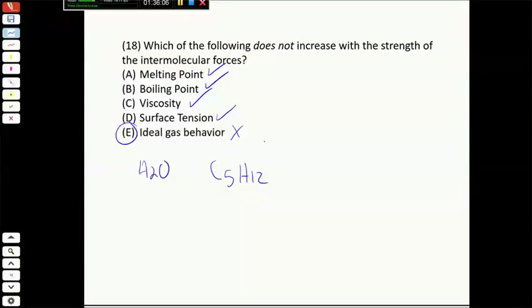And again, the idea of surface tension is that at the surface of the liquid, let's say with water, I don't know if I'm going to be able to draw this very well or not, you have all these molecules sort of aligned on the surface. And they're sort of being pulled on by molecules below the surface via these hydrogen bonds.